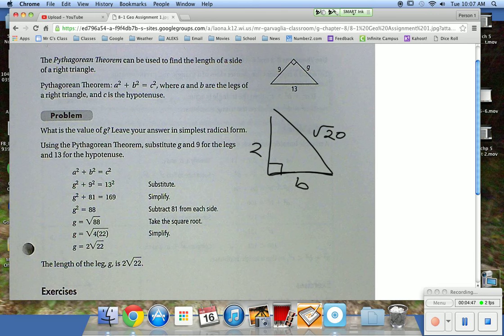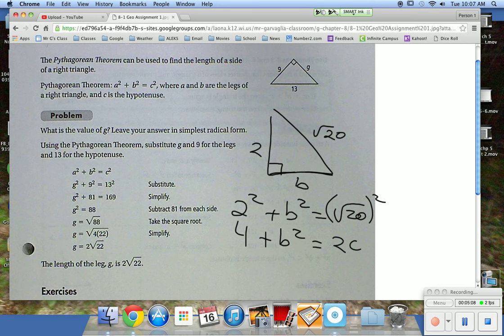So I'm going to go 2 squared plus B squared equals square root of 20 squared, right? So I end up with 4 plus B squared equals 20.